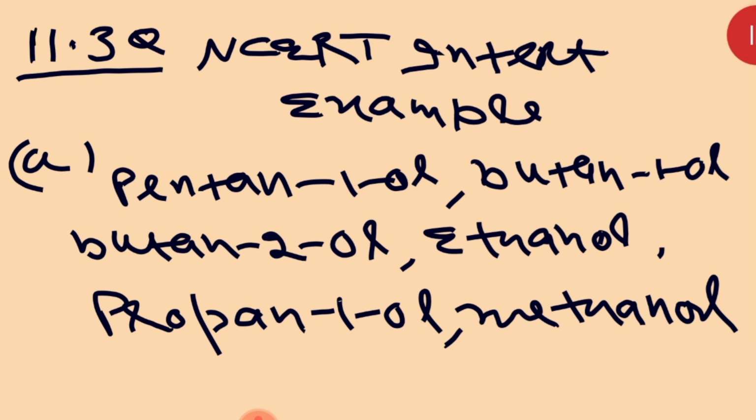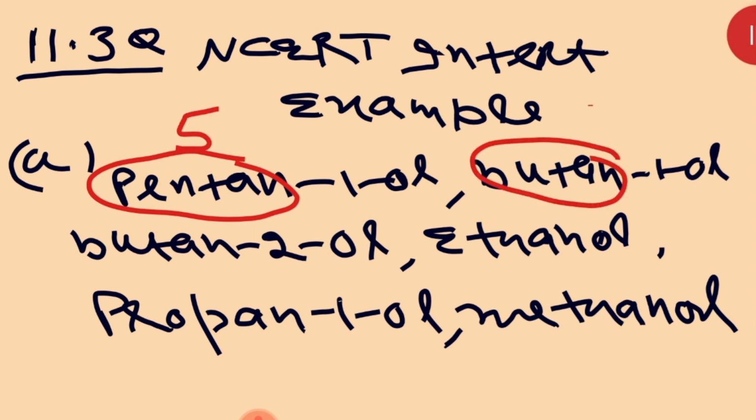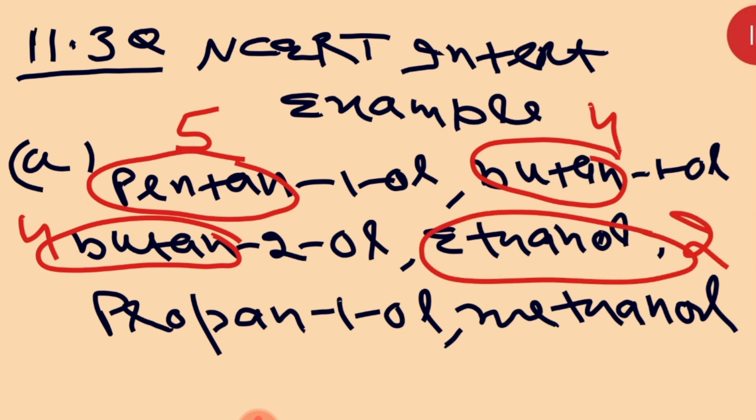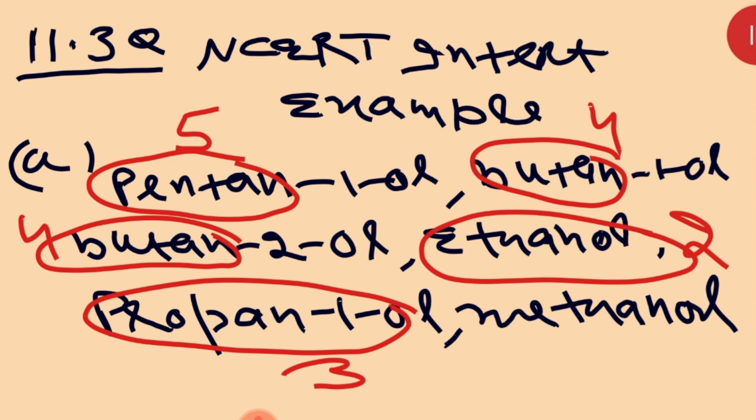So students, first we have to see, whenever we are discussing increasing boiling point, how many carbons are there: here total 5, here 4, here also 4, here 2, here 3, here 1. Before explaining this question, as the number of carbons increases in the alcohol, their boiling point increases. Why?